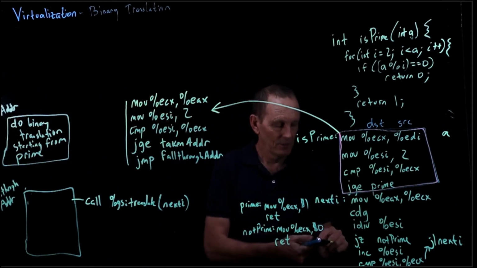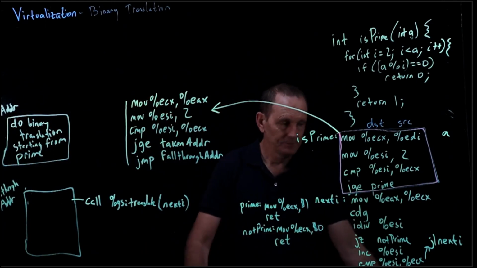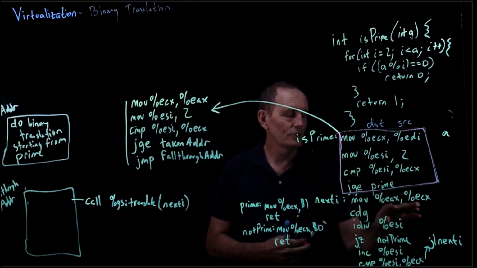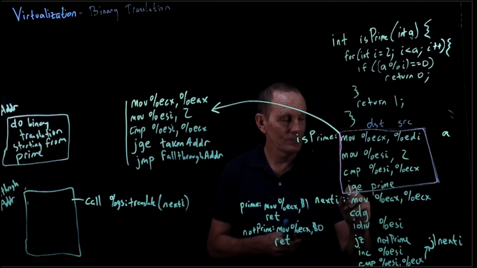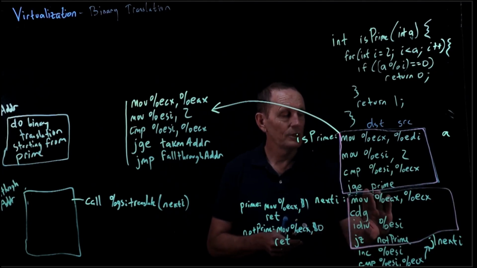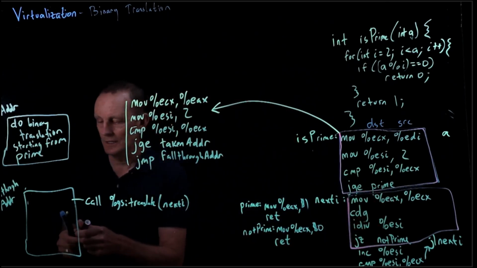Where is this block? Well, this block is move, not a control flow, CDQ not control flow, IDIV not control flow, JZ control flow. So now we can go ahead and translate this. Put this translation in here.